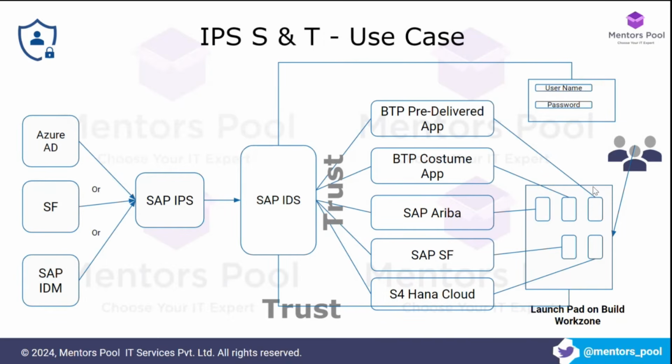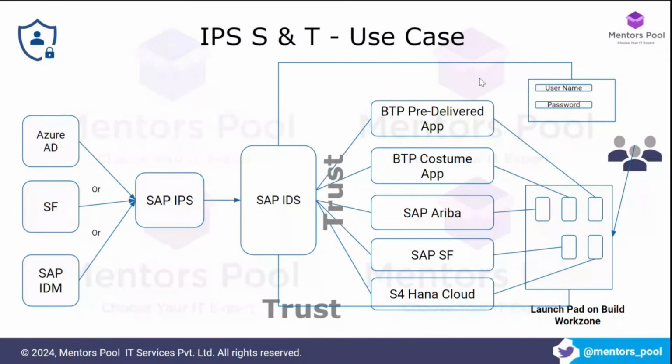When you access this launchpad, you will see these two tiles. You hit the URL, single sign-on works here, and you are authenticated in the Ariba system. Ariba has its own authorization mechanism.